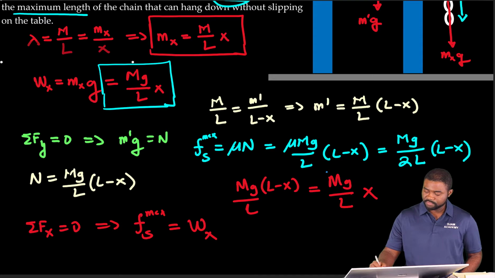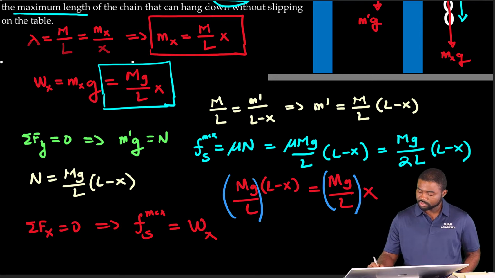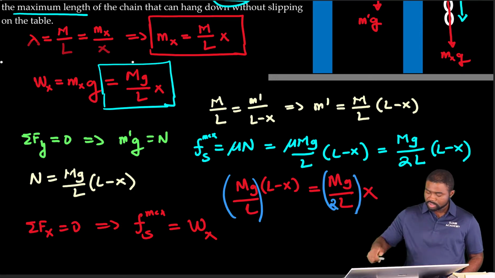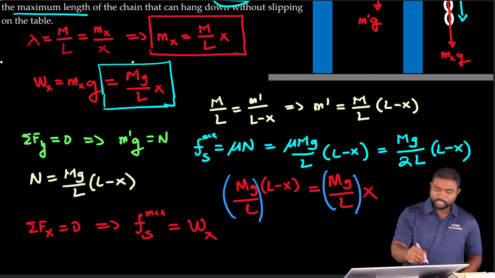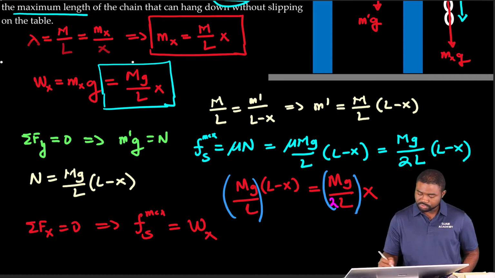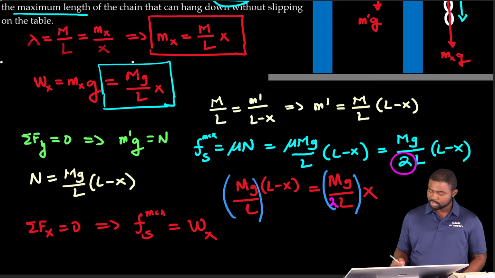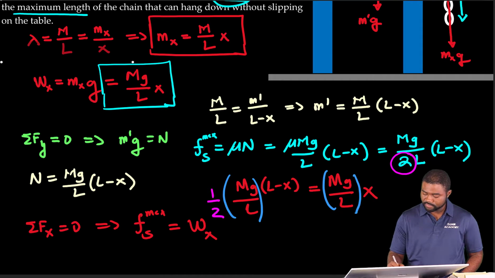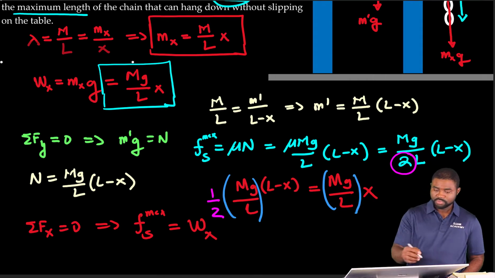Notice something. This is common on both sides of the expression. I'm going to put a 2 here, which is this 2. Don't forget, on the other side, this is 1/2, which is that 2.